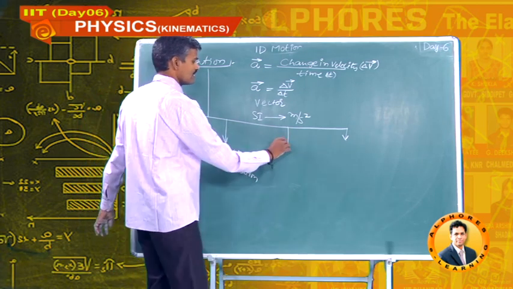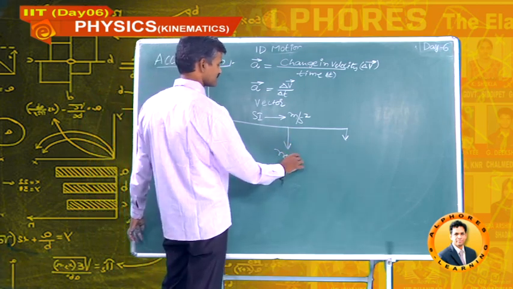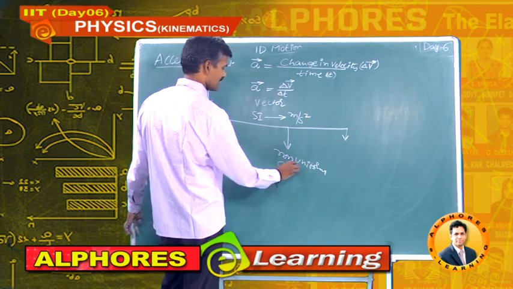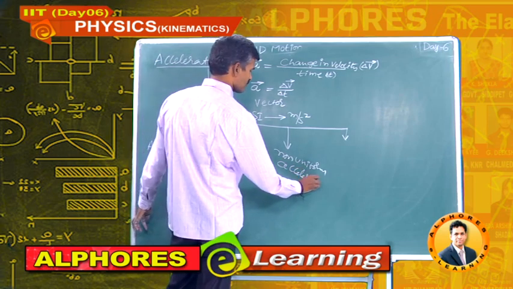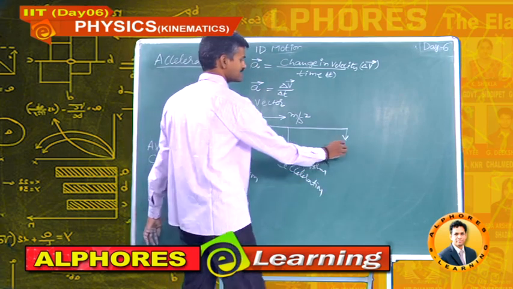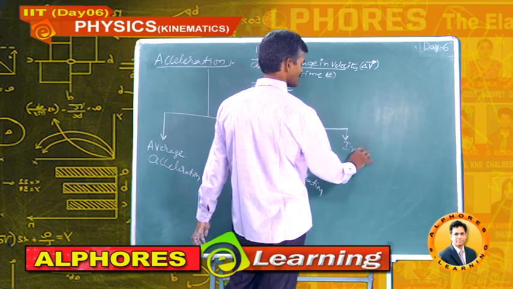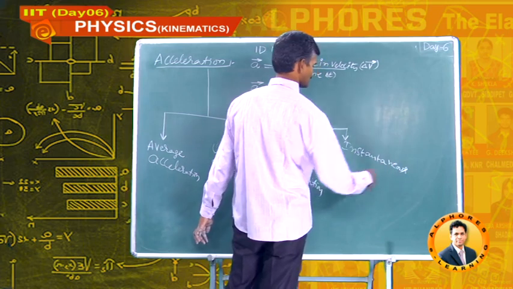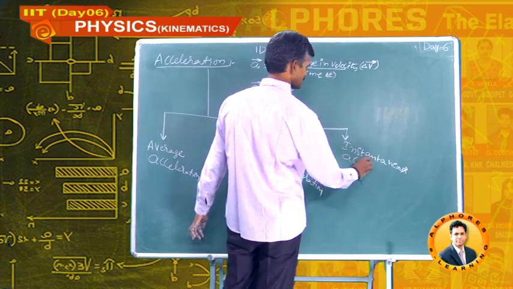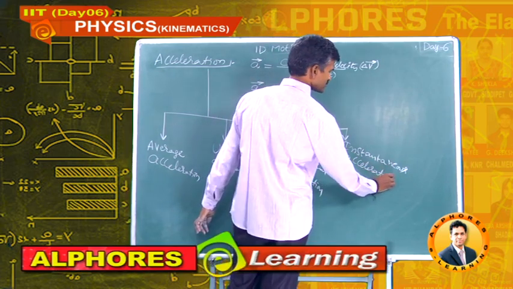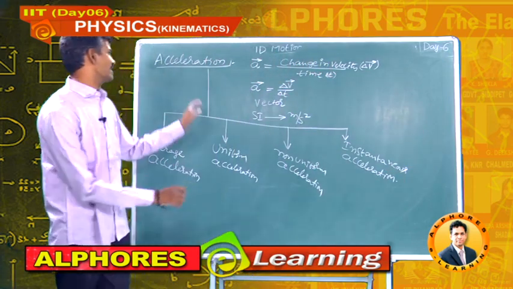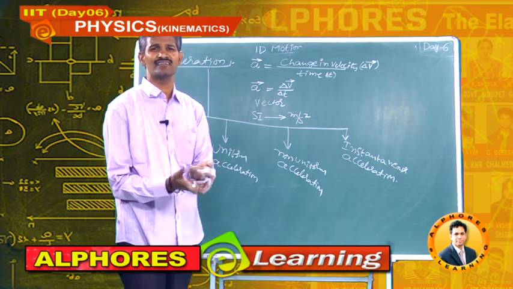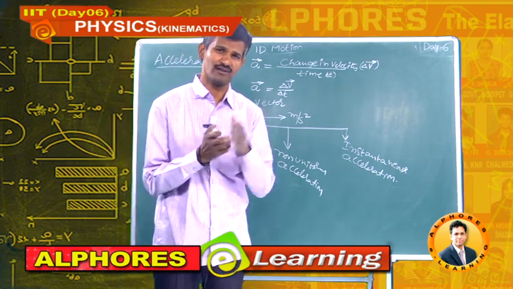Third, non-uniform acceleration. Fourth, instantaneous acceleration. If we know all these 4 accelerations, we can understand how motion is going on.